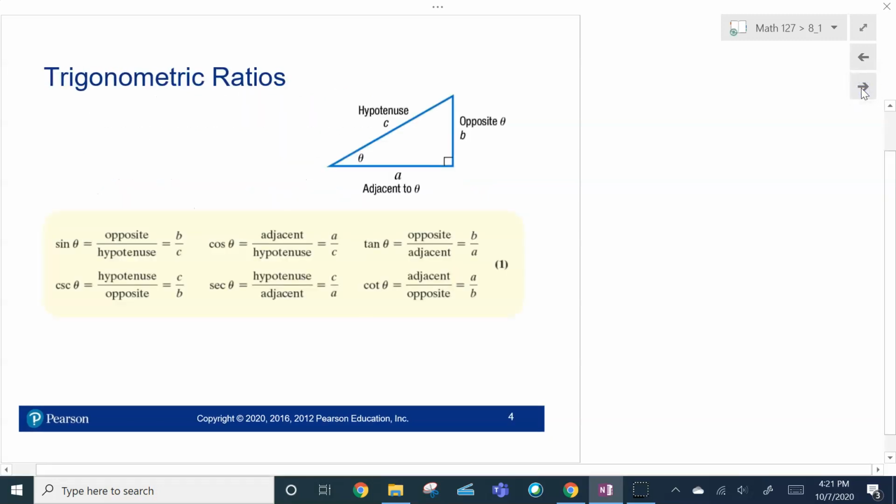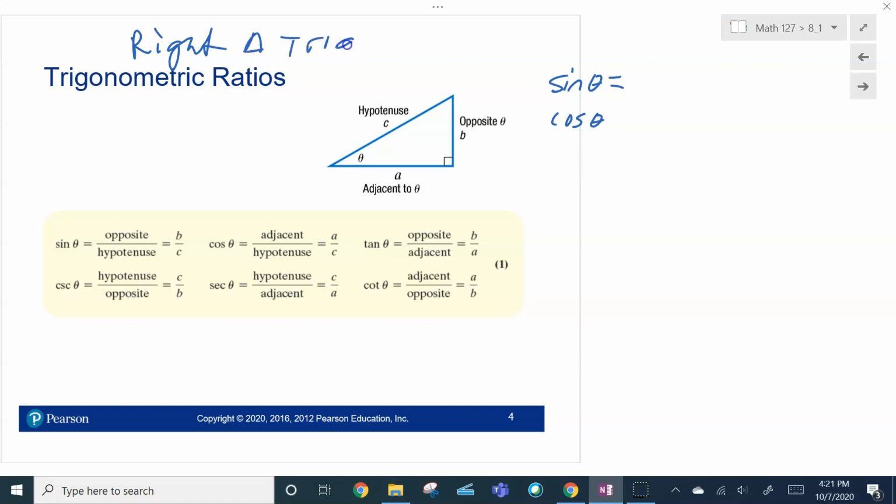There's our objectives there. Let's start out and remind you, I always refer to remembering sine, cosine, tangent with right triangle trig. This is right triangle trig here. Sine, cosine, tangent.